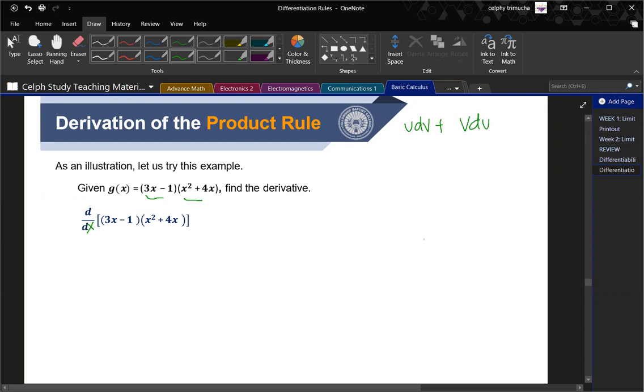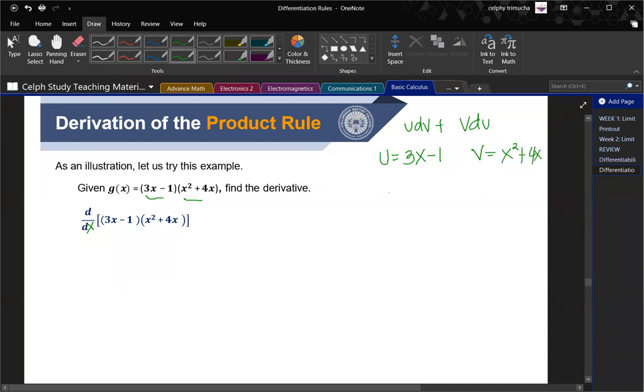So now i-identify danay naton kung di ang aton nga u, di ang aton nga v. So let na lang u will be equal to sa una natin nga equation which is 3x minus 1. Then ang aton nga v naton is x squared plus 4x.